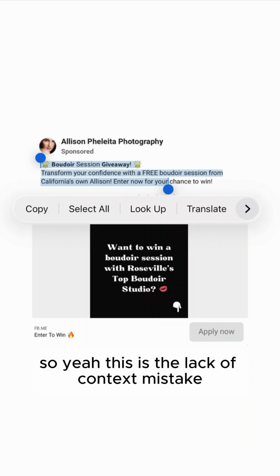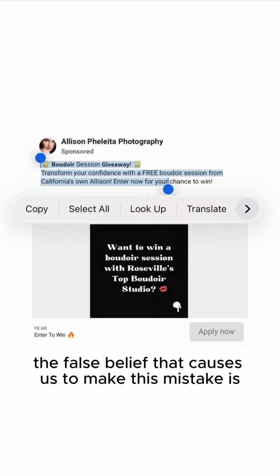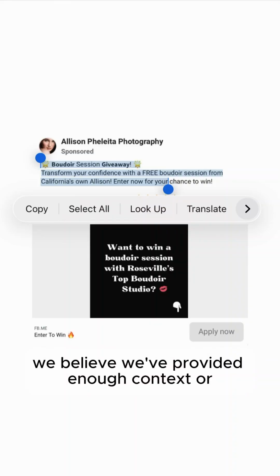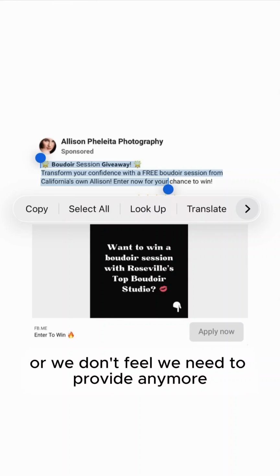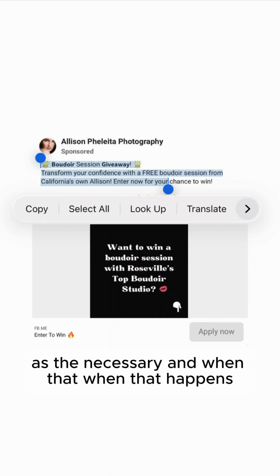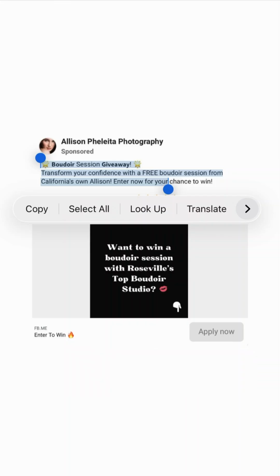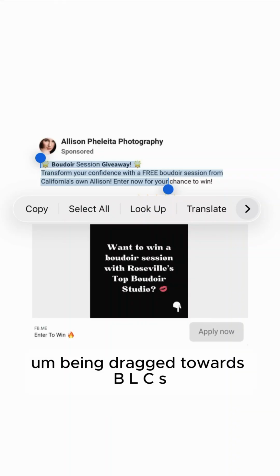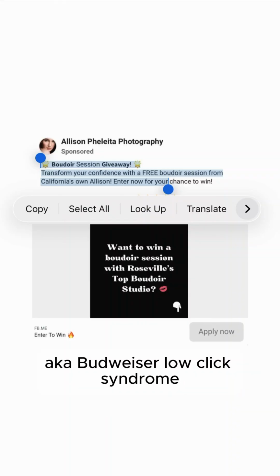So yeah, this is the lack of context mistake. The false belief that caused us to make this mistake is we believe we've provided enough context, or we don't feel we need to provide any more. And the consequence is way more women scrolling by our boudoir Facebook ads than necessary. And when that happens, we are being dragged towards BLCS, aka boudoir low click syndrome.